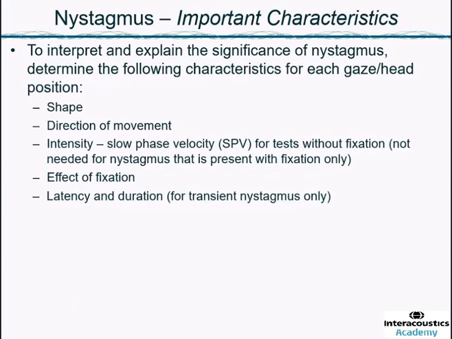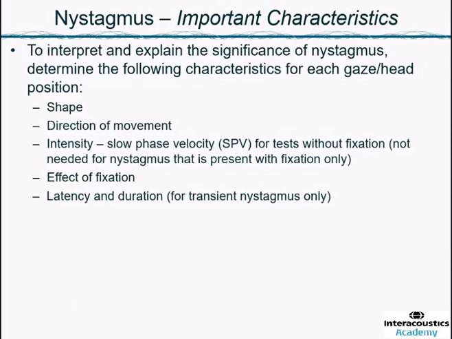So when you see nystagmus, there are important characteristics that you have to remember. And in order to interpret the nystagmus and determine the clinical significance of that, you should pay attention to these characteristics. The shape of the nystagmus, direction of the movement, whether it's fast phases or slow phases, intensity of the nystagmus, which is defined by the slow phase velocity of the nystagmus.